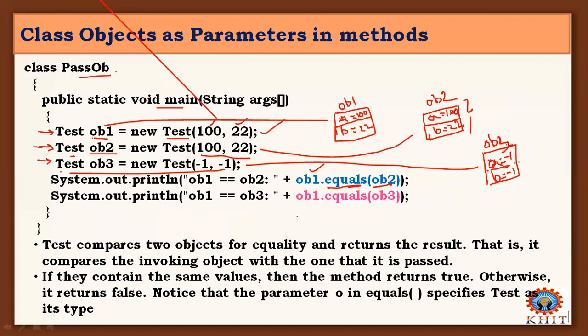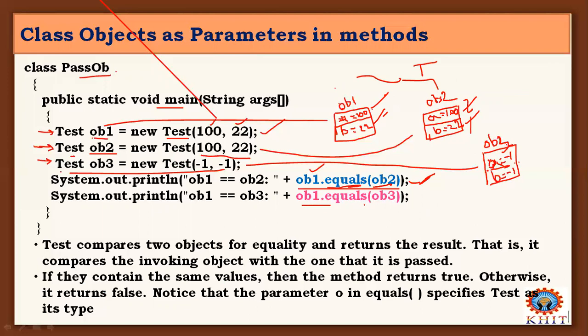Got it? Through this function invocation, one object passing another object as a parameter, it returns true on the output screen. Why? Because ob1 contains a value 100 and b value 22, and ob2 also contains a as 100 and b as 22. Both are the same, that's why it returns true.